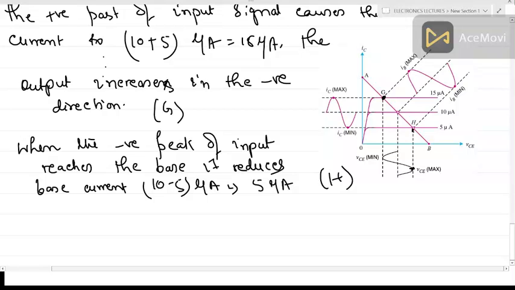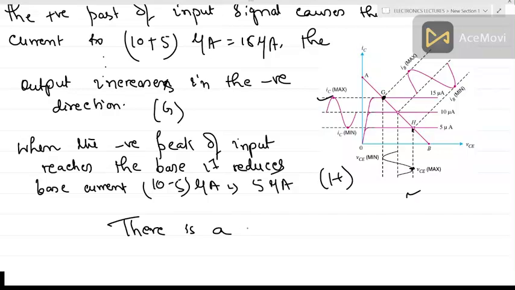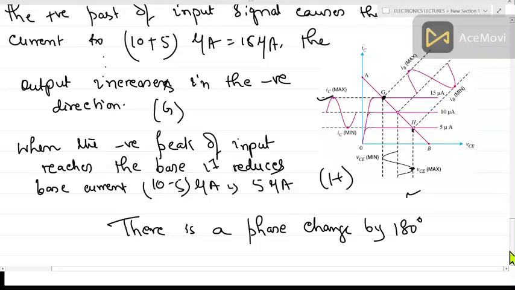Don't think that phase reversal or phase opposition will change the amplification. The simple thing is that there is a phase reversal, from the diagram you can see it is 180 degree phase reversal. This is a phase change by 180 degree. Amplification is totally unaffected. There is no change in amplification.